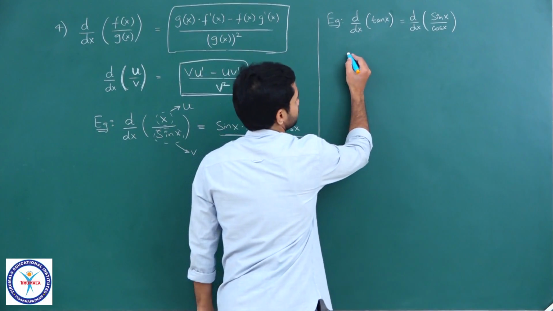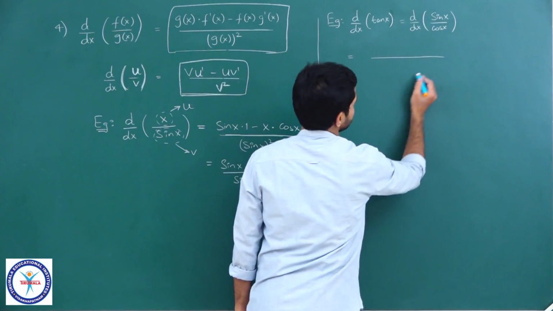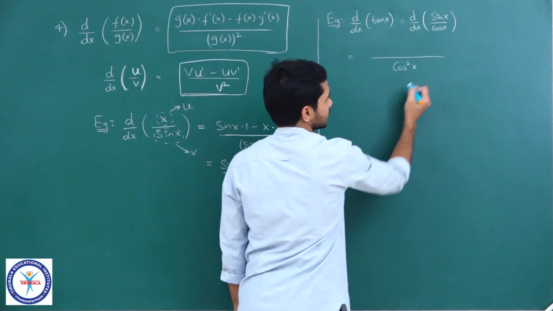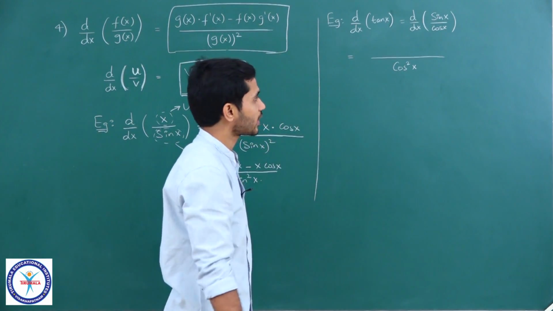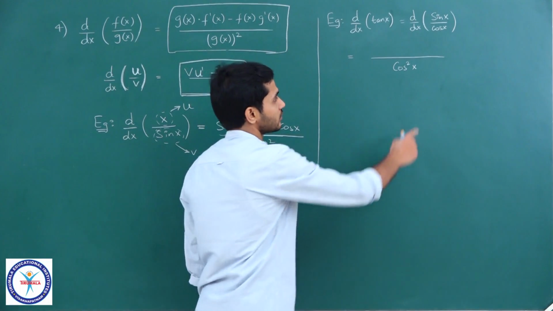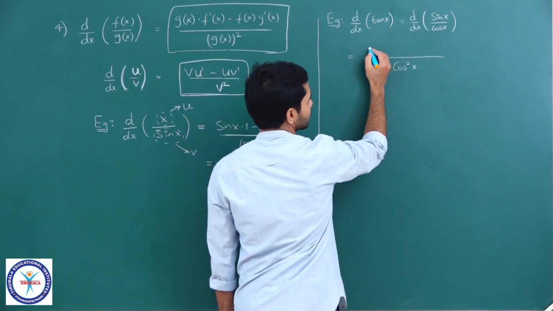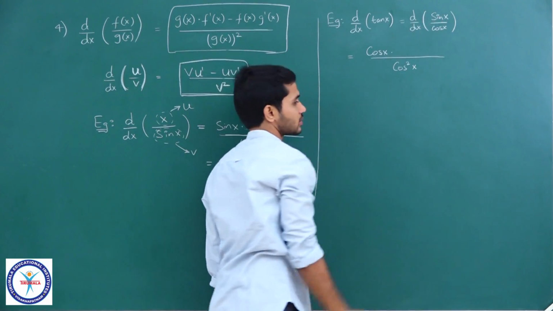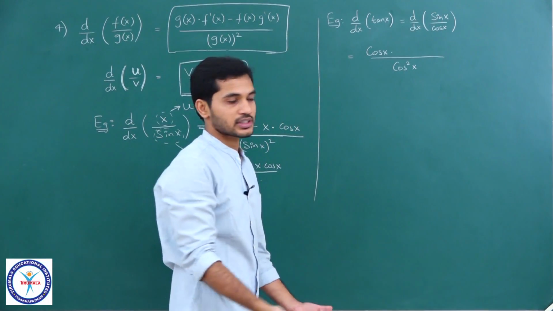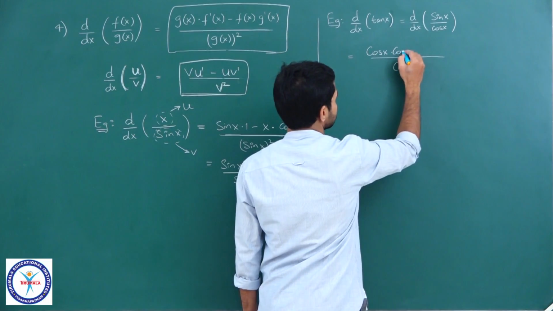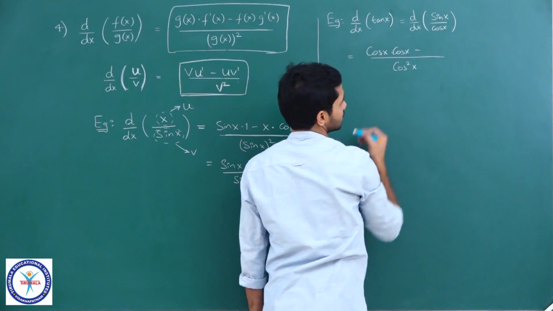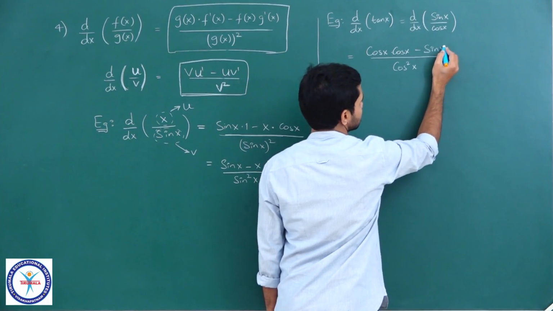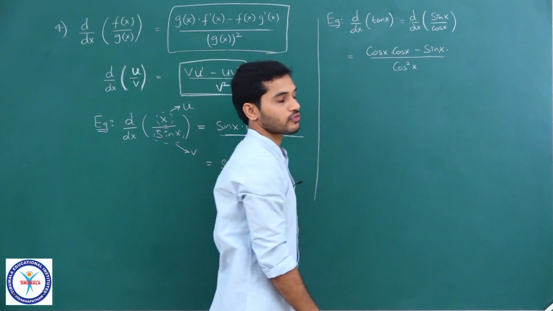So, if I use the method, first of all I will get done with the denominator. I will have cos square x, since cos x whole square is cos square x, and in the numerator, first I will start with cos x into the derivative of sin x. What is the derivative of sin x? Cos x again. So, cos x minus, now the numerator function which is sin x into the derivative of cos x.